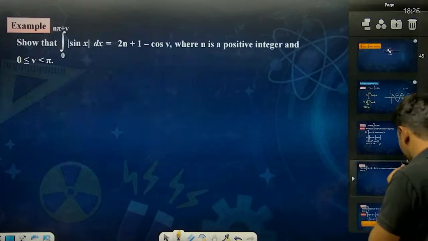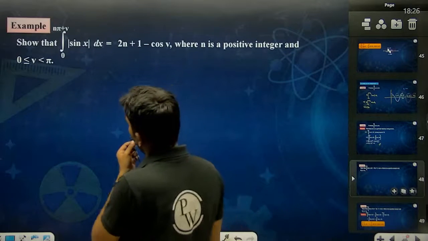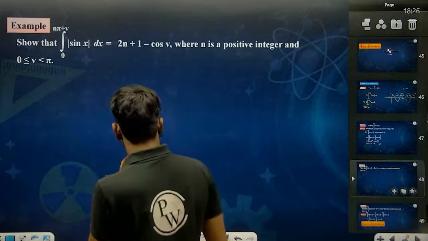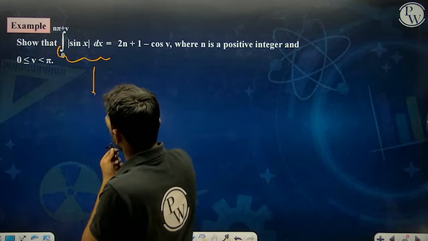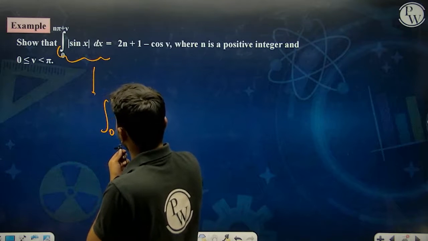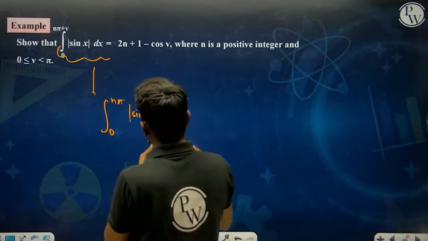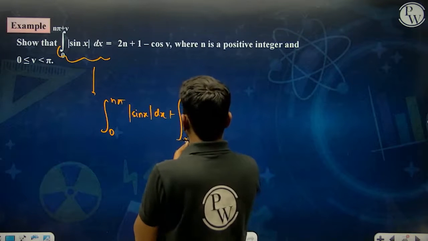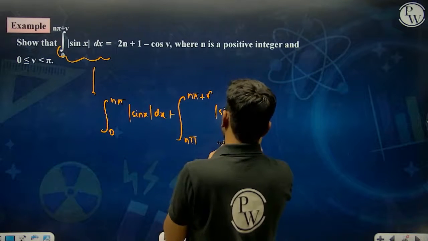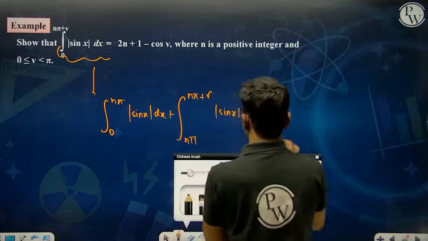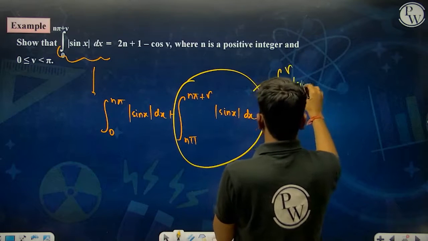All right. Talking about this, show that the integral from 0 to n pi plus mu of mod sin x dx, talking about this value. So you can write down this particular thing as 0 to n pi as a separate entity, and then n pi till n pi plus mu of mod sin x dx, and this thing by the usage of property can further be rewritten as 0 to mu of mod sin x.